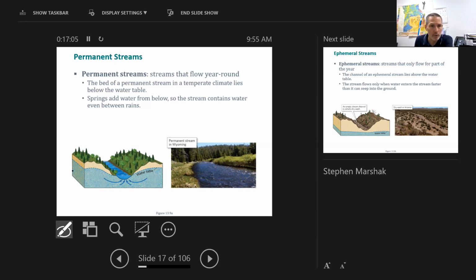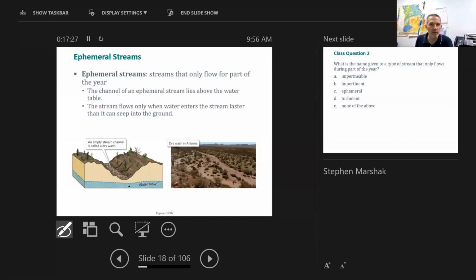The amount of potentiometric water in the groundwater in this area is going to push this water in and force that water into the permanent stream. Anytime you have a river that doesn't dry out, it's going to be one of these permanent streams. We can contrast this with ephemeral streams, which are only around during part of the year.